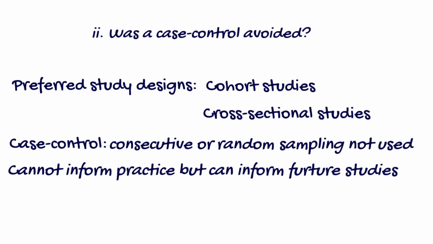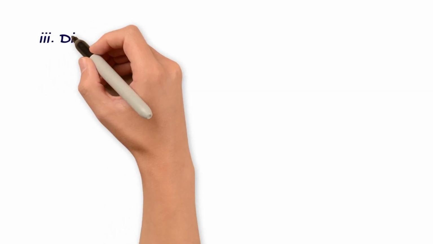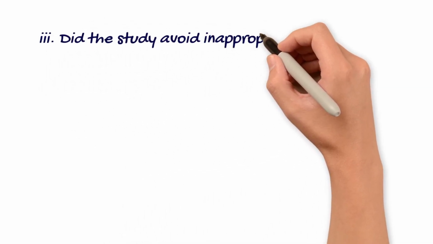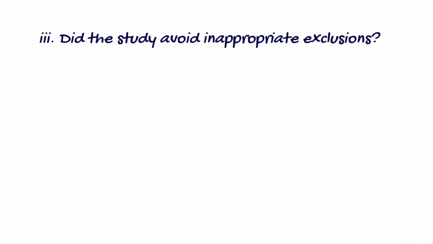Question 3. Did the study avoid inappropriate exclusions? In a diagnostic study, excluding certain groups of patients can make it harder to know how well a test works in real-life situations.